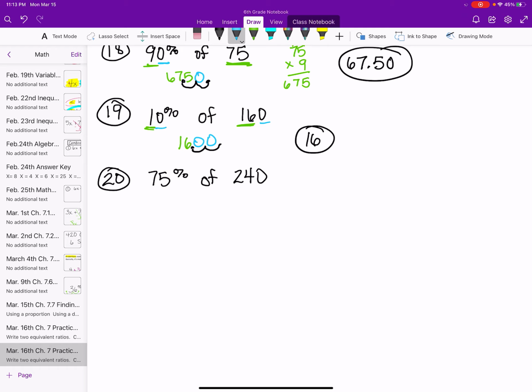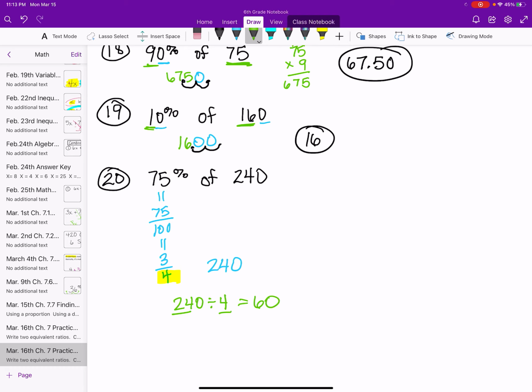But if I was doing my fraction where I'm converting to a fraction, 75 converts to 75 over 100, which simplified equals 3/4. So I'm saying, what is 3/4 of 240? Well, now I'm going to look, what is 240 divided by 4? 24 divided by 4 is 6.